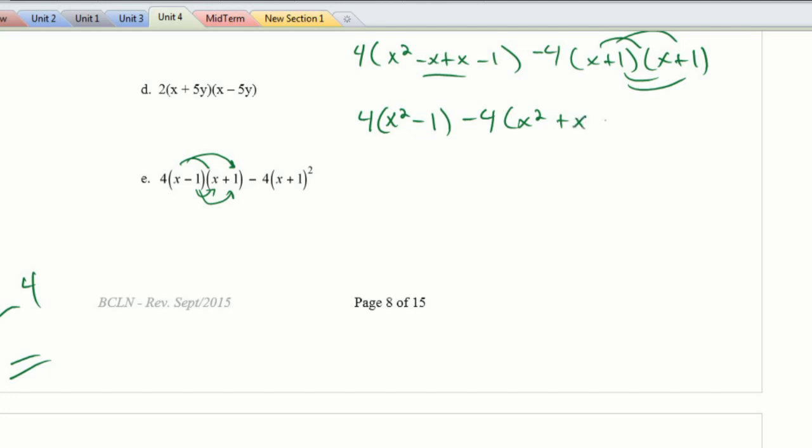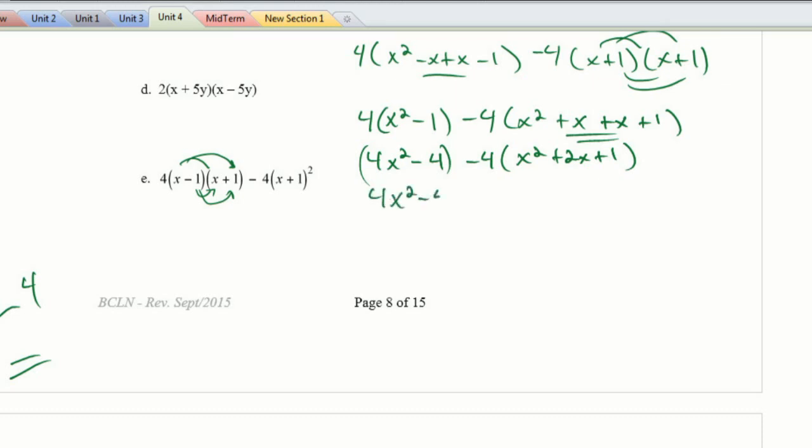X plus 1. So I get 4x squared, expanding this, minus 4. And over here I get negative 4 times x squared plus 2x plus 1, combining my like terms in the middle.